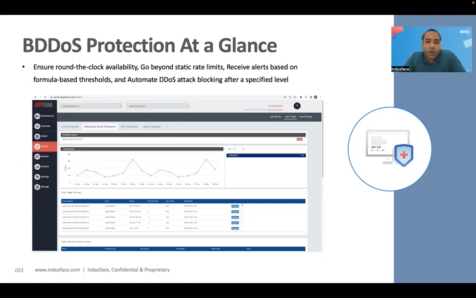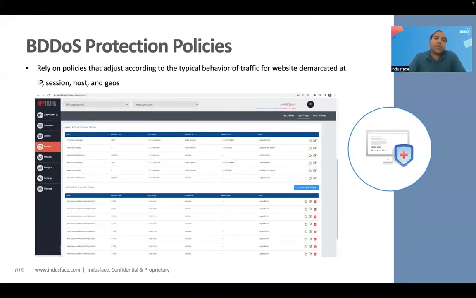So you could create policies at a URI level, and also at a session level, and also at a geo level, right? So this is how we are continuously enhancing our protection. And the best part about it is it is not just configure and leave it, right?